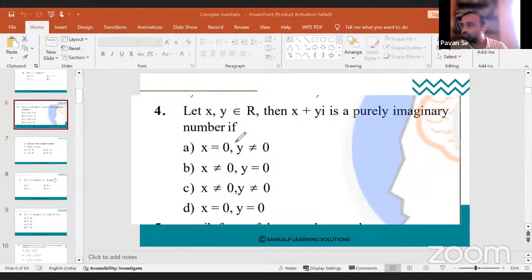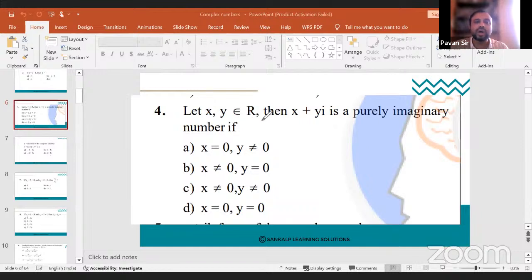Ishwar has given option B as the answer for this. From the notes only, just now I explained that point. If you understood that point, it's very easy to answer. Option D. And Ishwar Deshanava has given that option B is the correct one.